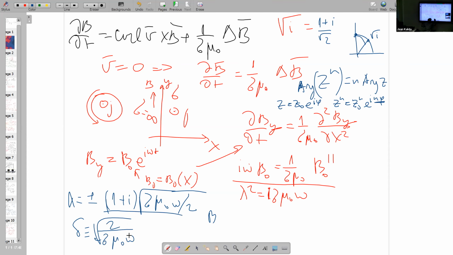Then B is going to be equal to B naught e to the i omega t, and then the dependence on x, which is going to be e to the power of i times 1 plus i times x divided by delta.